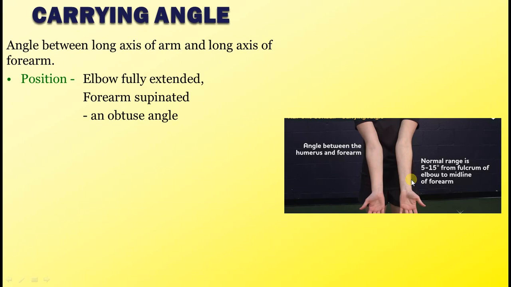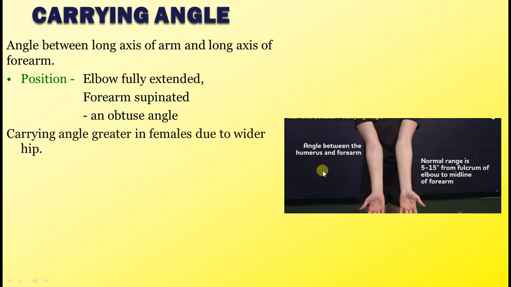Okay. Now, it is wider in females. The carrying angle is wider in females. But now the latest studies tell that no, it is not so. It is believed that it is wider in females. One reason for that is that females have a wider hip, so your forearm is more away from the hip region.